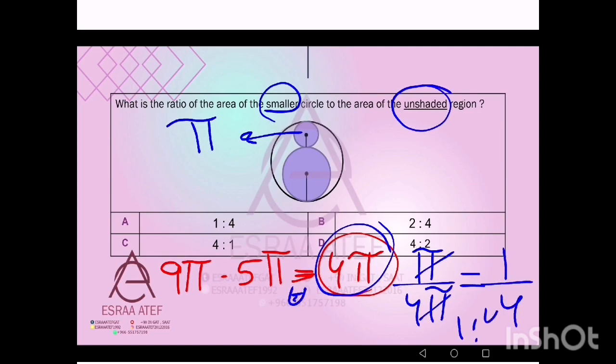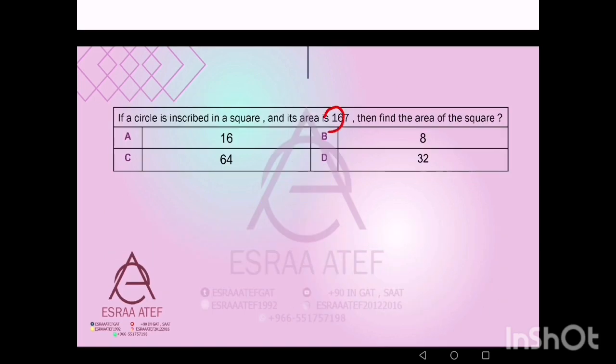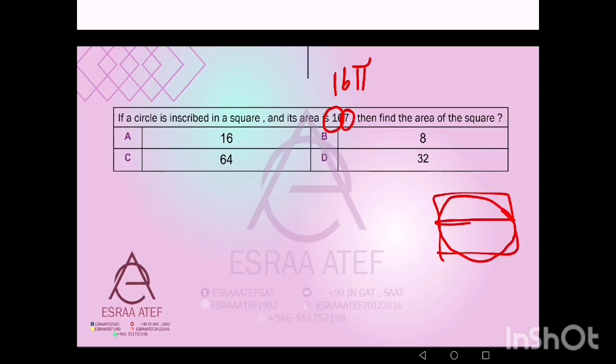So the answer will be 16 pi. Okay, there's a mistake in it, 16 pi. To get it, we have a square, and inside it we have a circle. The diameter of the circle is the same as the length of the square. If we get the diameter, we can get the area of the square.